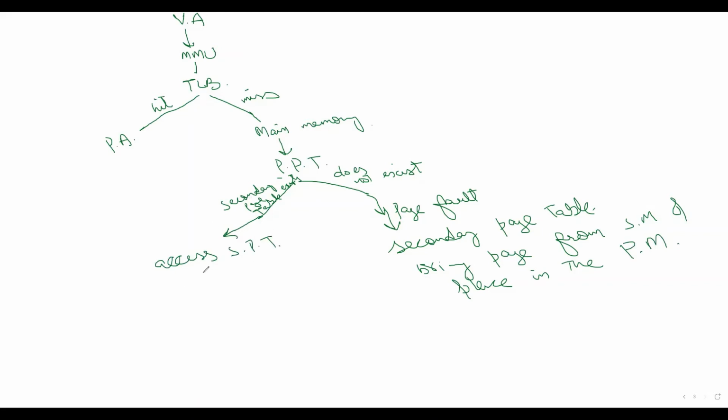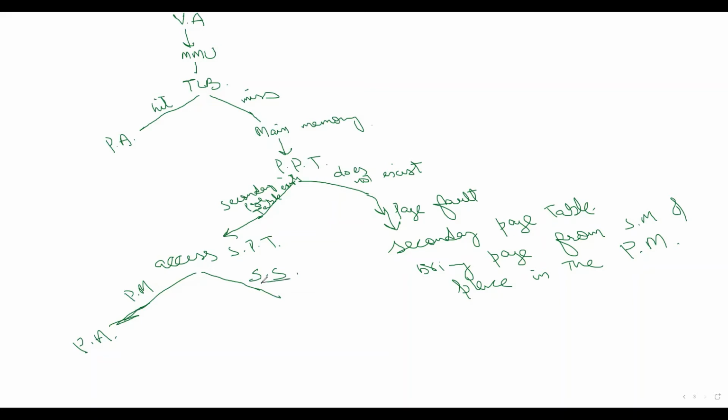Now there are also two chances. One is that the frame that I am asking for is available in primary memory. Another is that it is not available in primary memory, but it is available in swap space. If it is available in primary memory, I will get the physical address and access that particular frame.